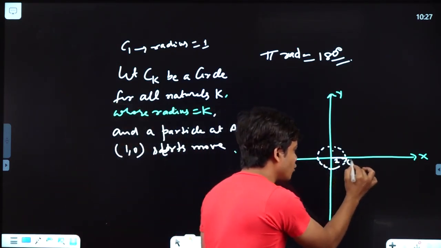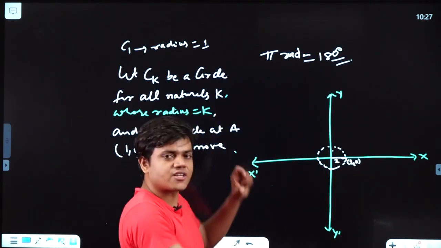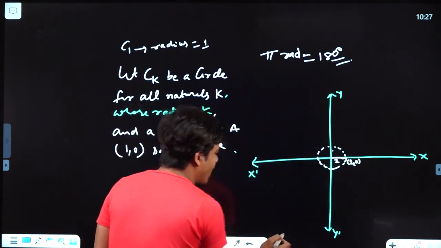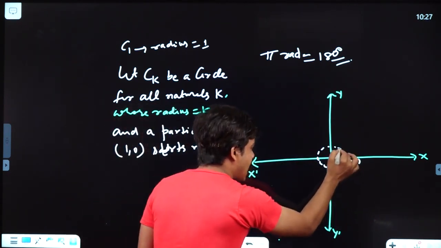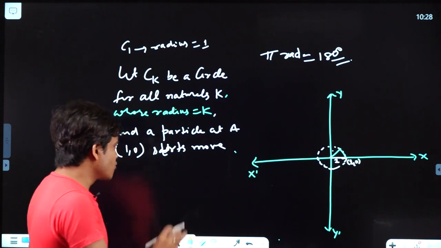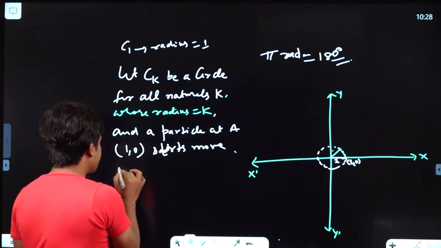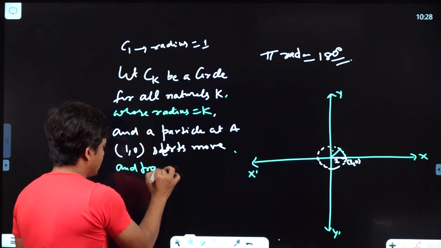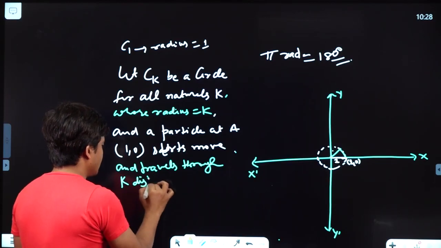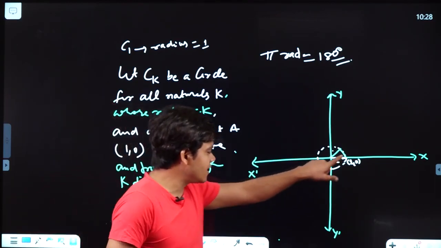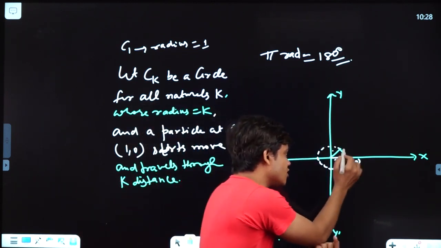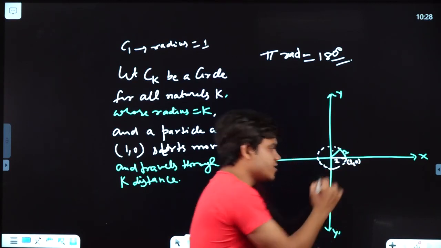From here, (1, 0), the particle starts to move on this circle, and it stops after making 1 radian, means it starts to move and travels through K distance. If the radius of the circle is K, then it will travel K distance. So if the radius of the circle is 1, then it will travel 1 distance.